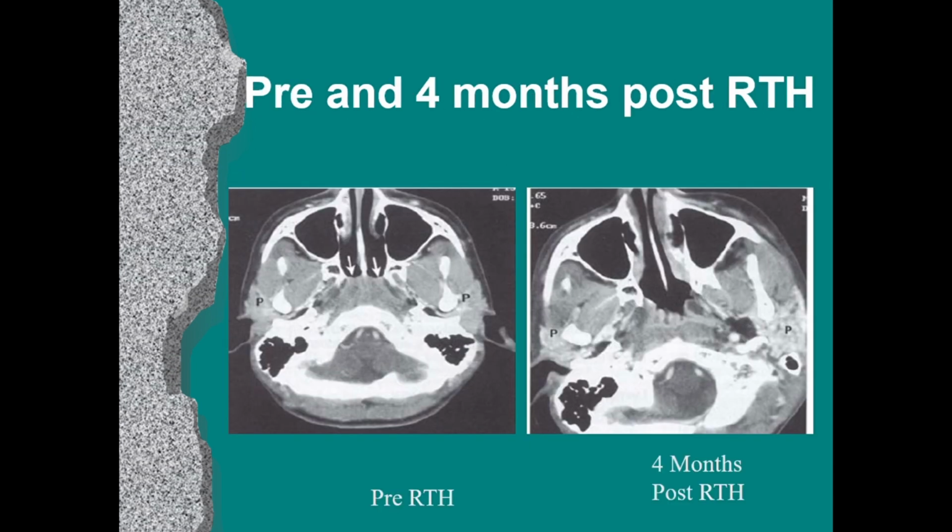This is a CT pre-radiotherapy, and 4 months post-radiotherapy. What we see here, this is the nasal septum, this is the maxillary sinus cavity, and this is the inferior turbinate. We see here a soft tissue mass filling the nasopharyngeal cavity.